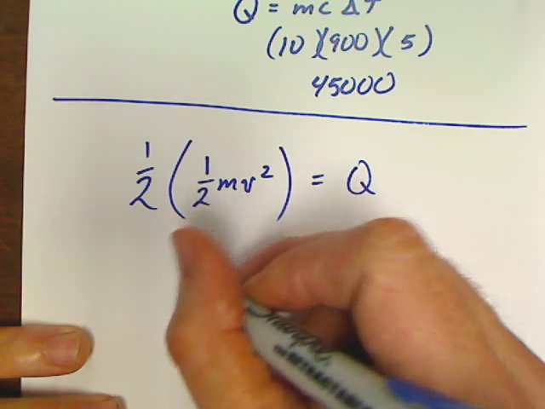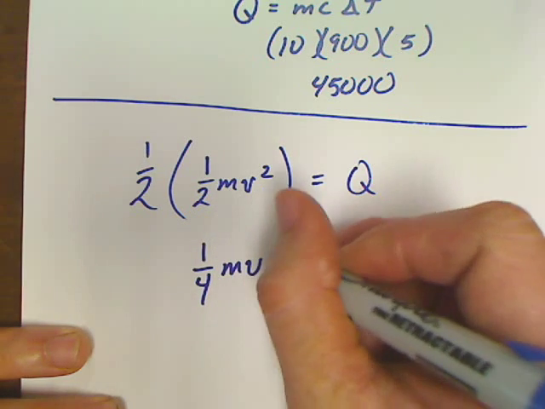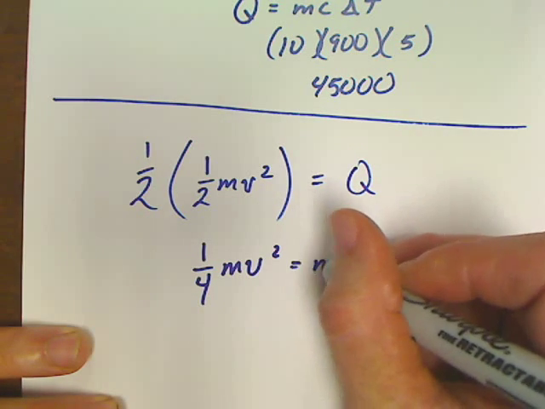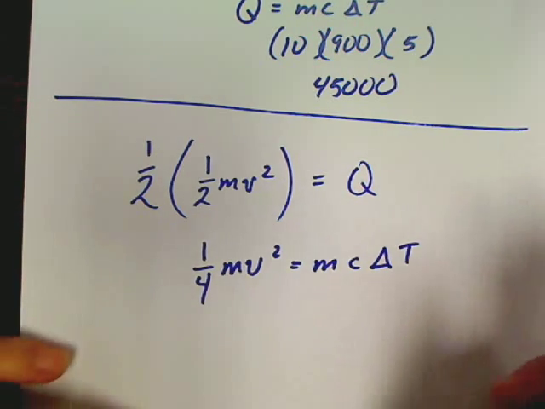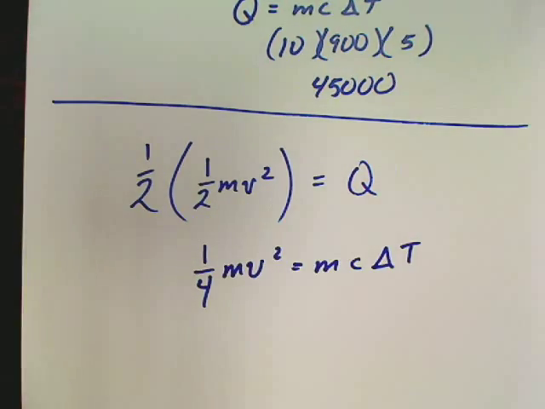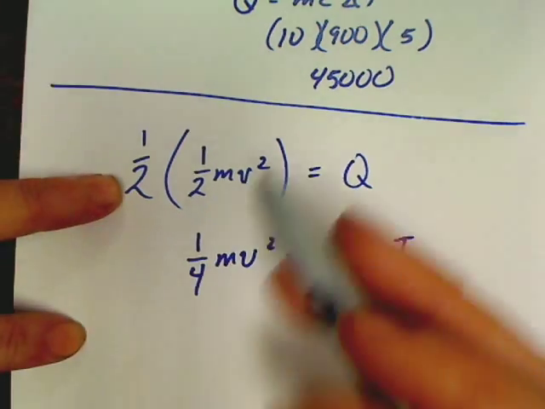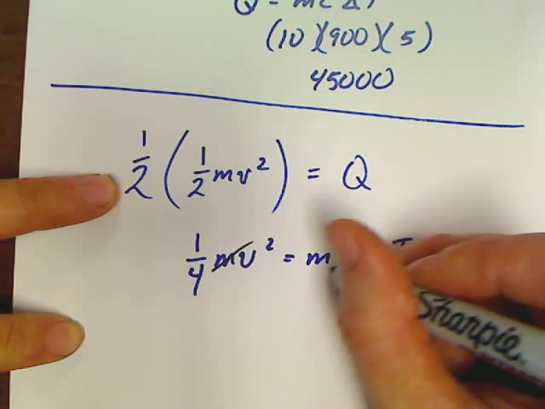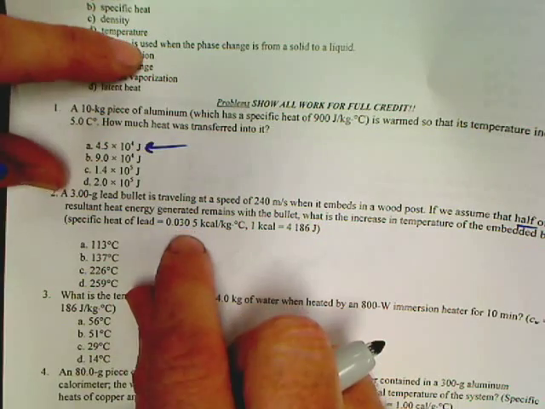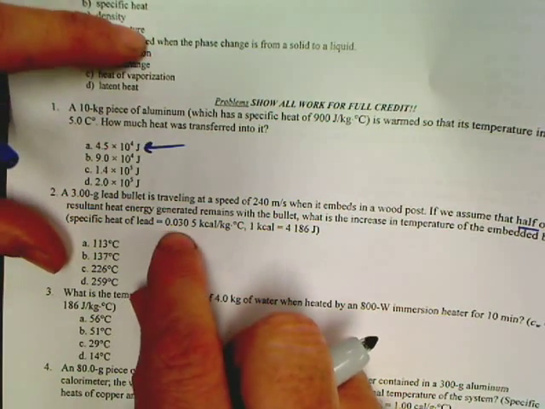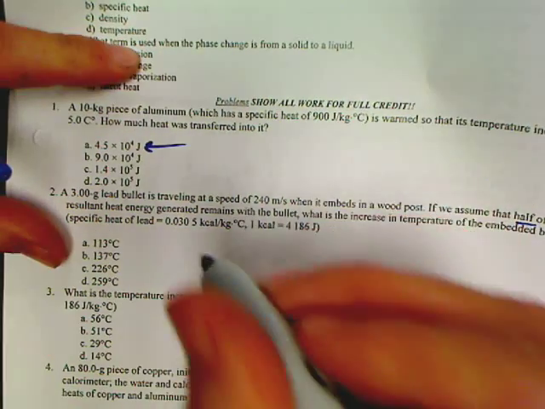So I'm just going to write it like this. 1/4 mv squared equals MC delta T, because it says it heats up the bullet. Now, the masses of the bullet are not important. They're going to cancel out. And let's see what it tells me. Now, this one tried to do some weird junk right here with telling me C. So I'm going to see if I can decode it here.